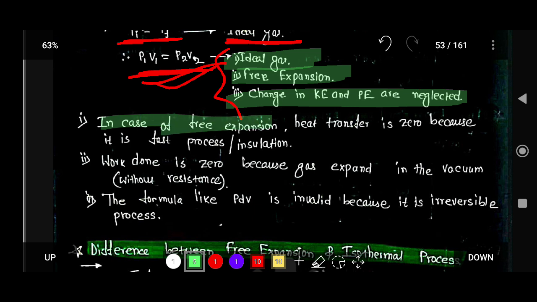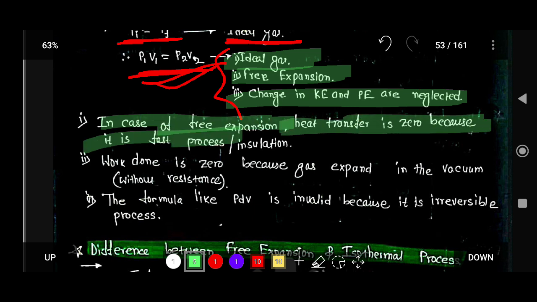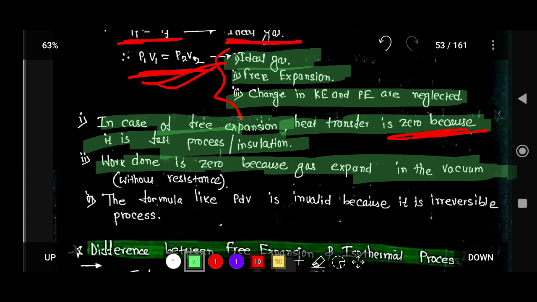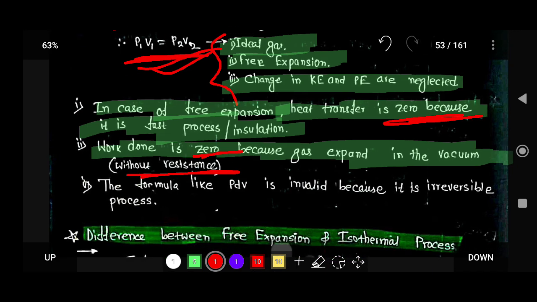Let's conclude the free expansion process. In free expansion, heat transfer is zero because it is a very fast, insulated process. Work done is zero because the gas expands into the vacuum, so there is no resistance.